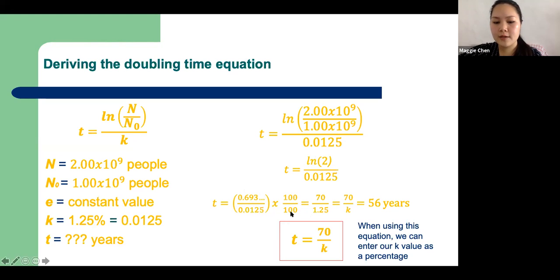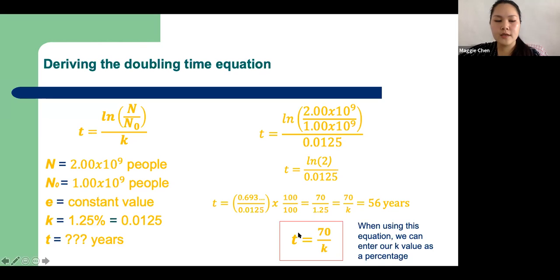If we multiply that by 100 to get our growth rate back into a decimal, we would get 70 all over 1.25. Since our growth rate is K, we can just rewrite that as K. If we were going to solve that, it would give us this number.